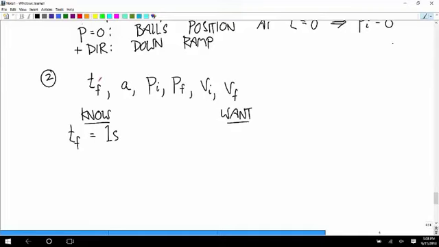Do we know the acceleration? That's the first thing we want to find. Do we know the initial position? Yep, that's 0. Do we know the final position? One meter.